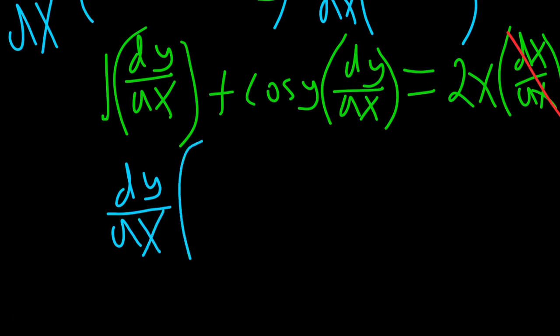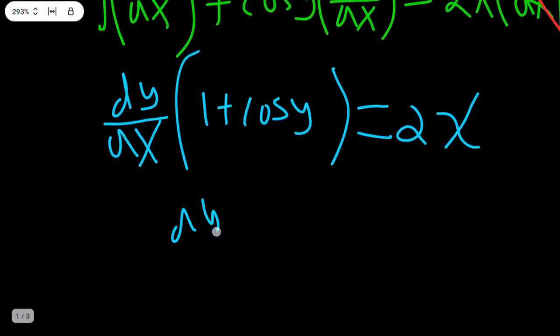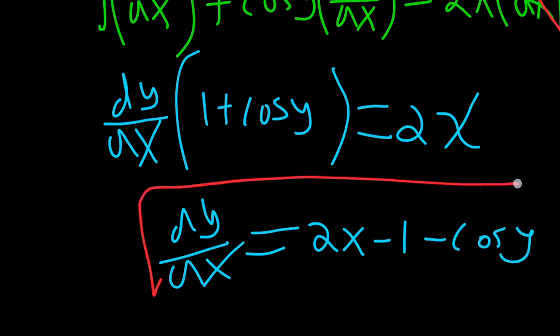We're going to have 1 plus cosine of y equals 2x, isolated dy over dx equals 2x minus 1 minus cosine of y, and that is your final answer, and that's how you implicitly differentiate your functions.